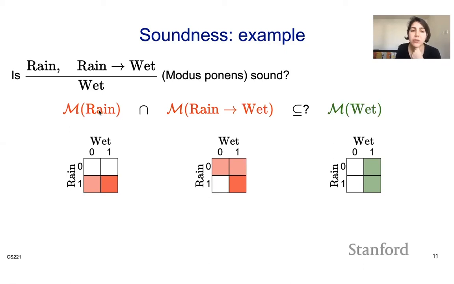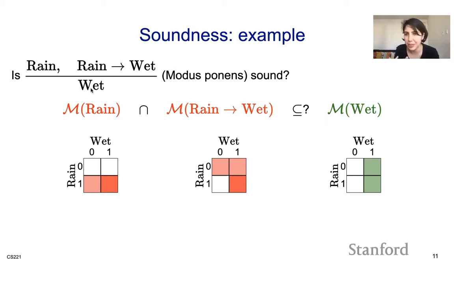We look at models of rain. Models of rain is this shaded area. We look at models of rain implies wet. That is this shaded area. We take the intersection of them, right? Because models of these two formulas is the intersection of these two models. That is the darker area. And the thing we're going to check is whether this darker area is going to be a subset of models of wet, is it going to be entailed, right?